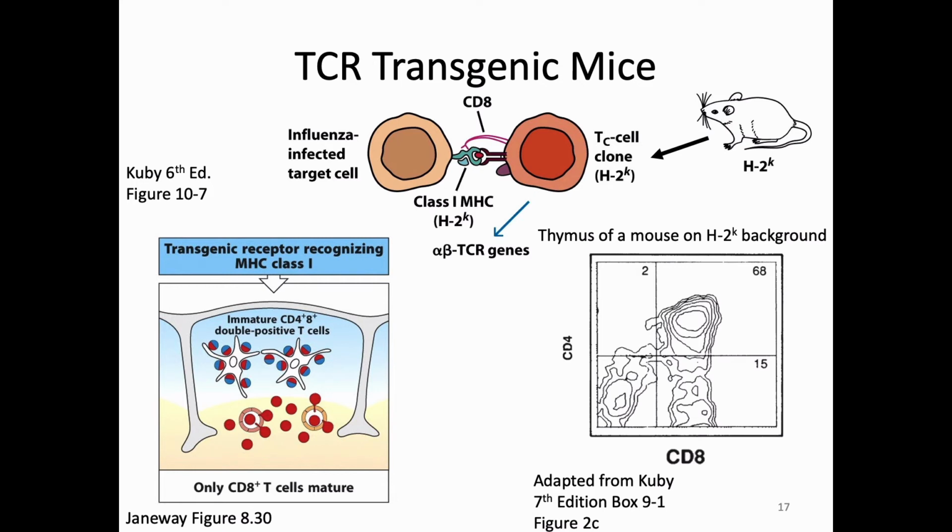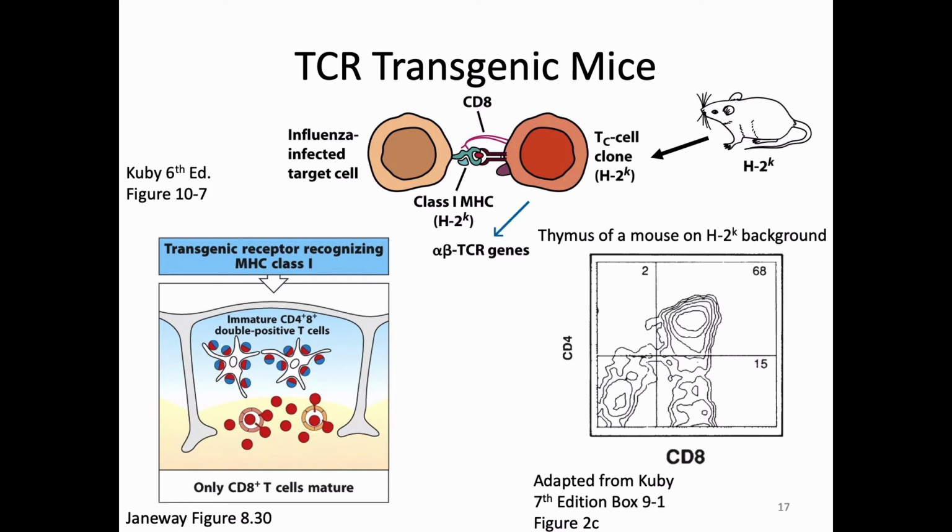When I do that and I let those mouse embryos develop, 100% of the mouse's T cells are clones of this T cell. 100% of the mouse's T cells are CD8 T cells with this alpha and beta chain that recognize influenza antigen on this type of MHC.